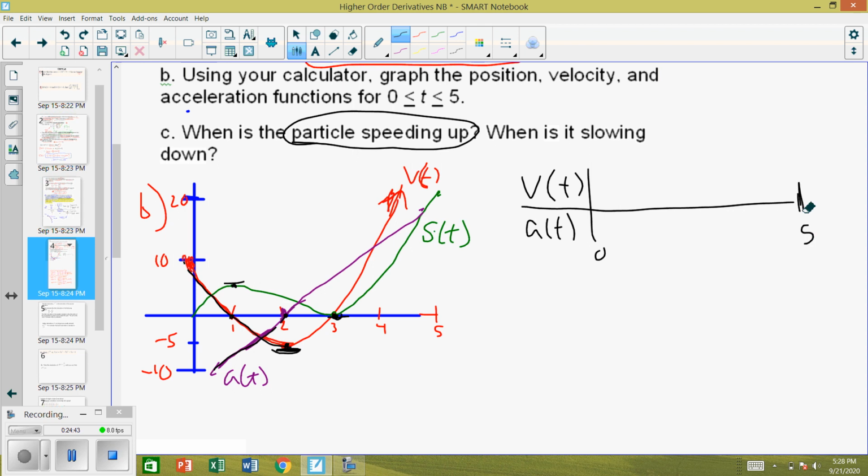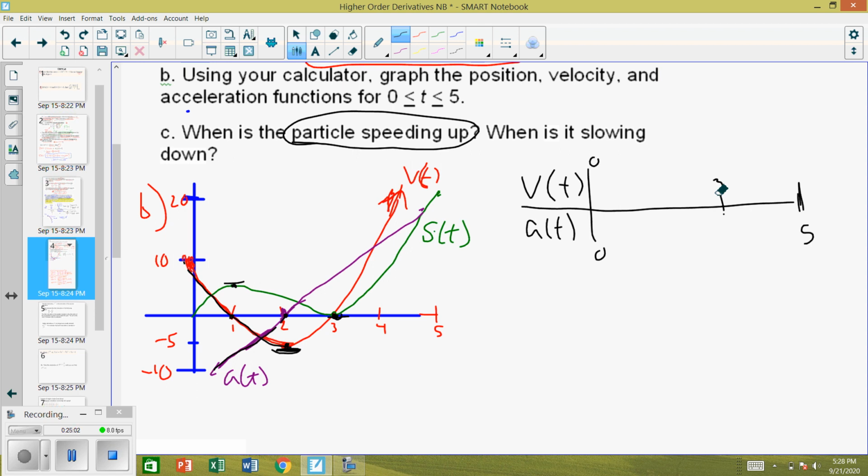It looks like at 0, V of t is 0, so that's good. And it looks like again at 3 it's 0.